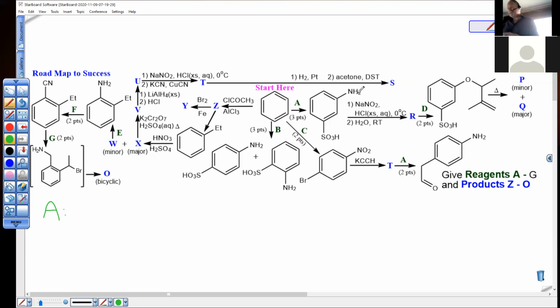So you need to know the protocol is to first put a nitro on the benzene. You now have nitrobenzene. By choosing to put that group on first, you have to take advantage of the fact that a nitro group is an ortho para-director, keeping in mind that an amino group is, did I say nitro group's an ortho para-director?